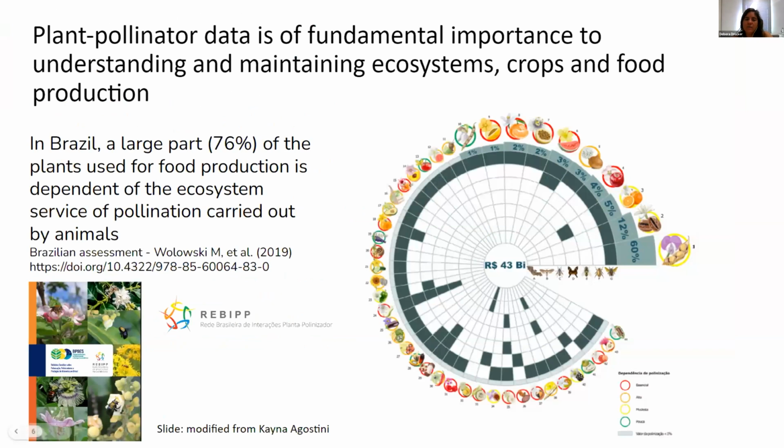This work was carried out by members of the Brazilian network of plant pollinator interactions.